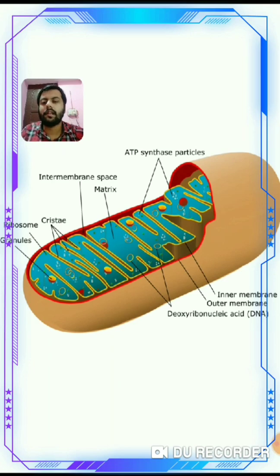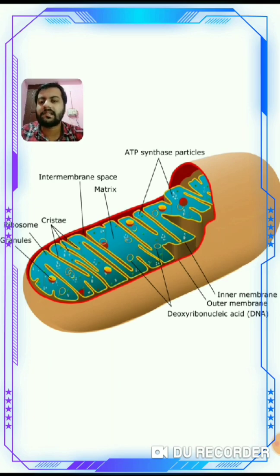As we already studied in the previous classes, a cell organelle is basically a solid living distinct component inside the cytoplasm.